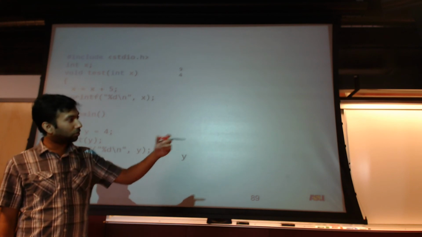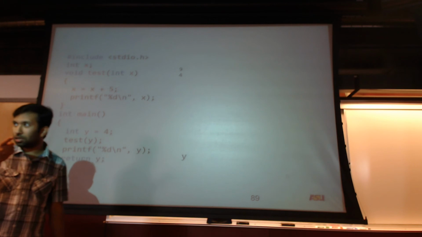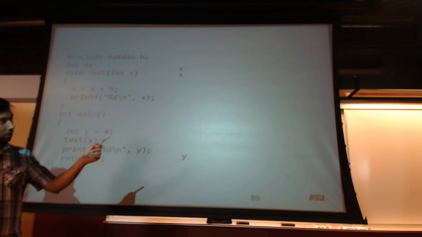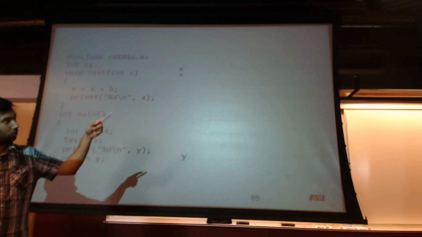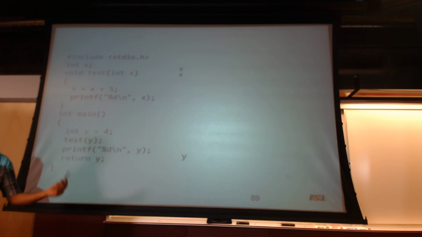So when we do test y, we take the value 4 and put it into the stack. When we do test, we pop the value from the stack, we get 4. So x becomes 4, x plus 5 becomes 9. We print that 9. Then when we come back, we remanipulate the stack and remove the input arguments. Then y is still 4, so we print 4. So 9 and 4. That's how we get the result.